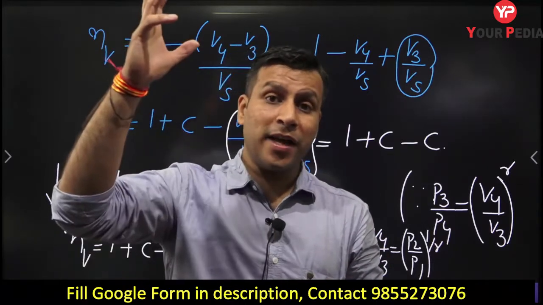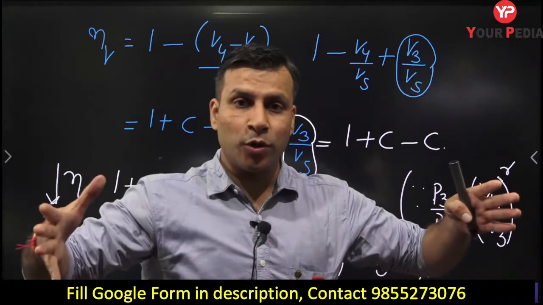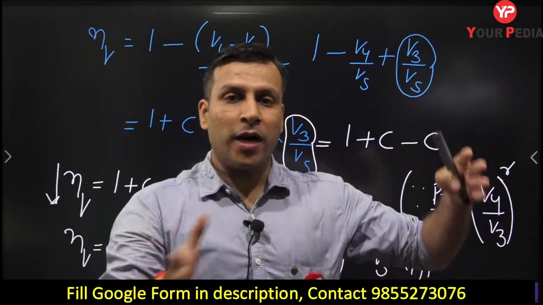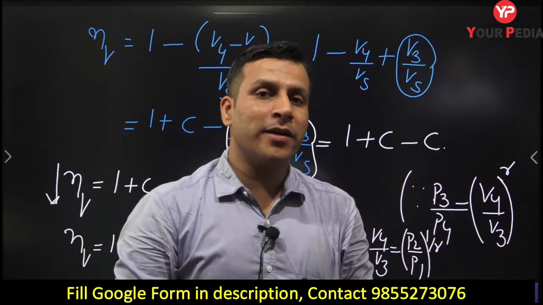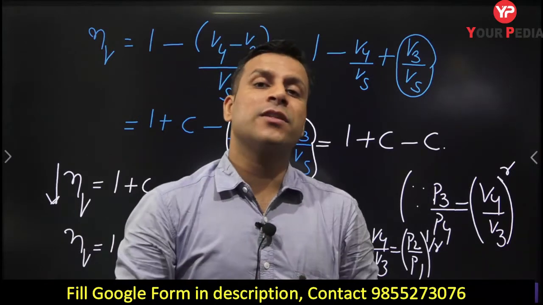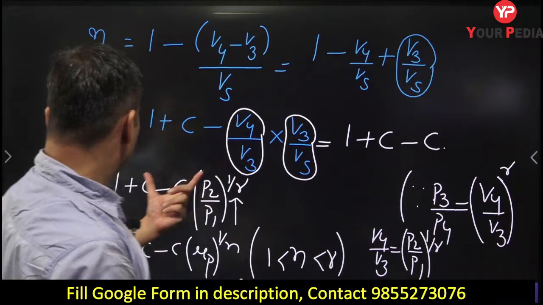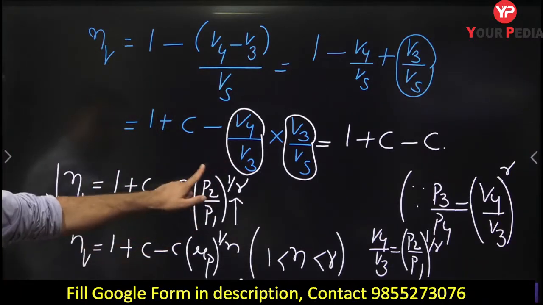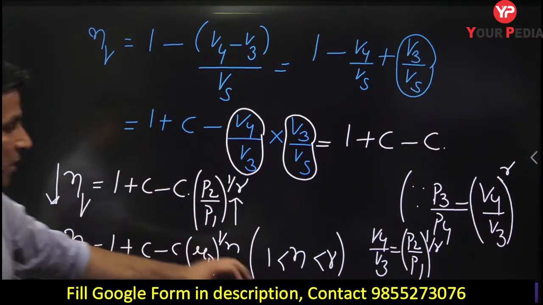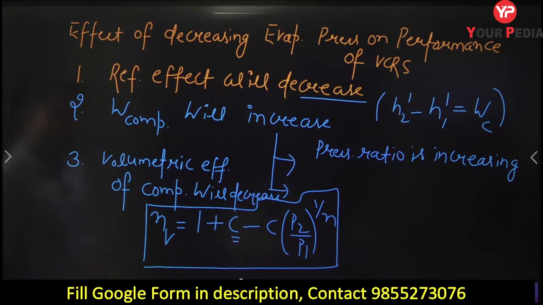And if that pressure is very high, the drop in pressure required for actually entering the charge from the evaporator will also be more. So volumetric efficiency will further decrease as you increase the pressure ratio. Are you getting the point, guys? From this direct relationship you can also observe, if this is increasing, so volumetric efficiency क्या करेगी आपकी, that will decrease. Okay, so that is a conclusion, guys.